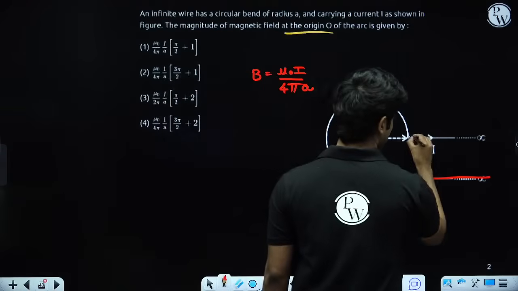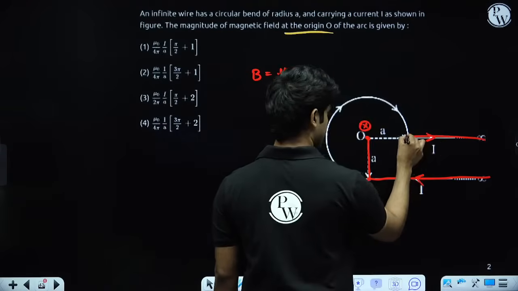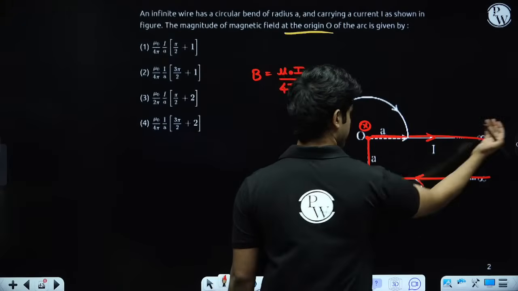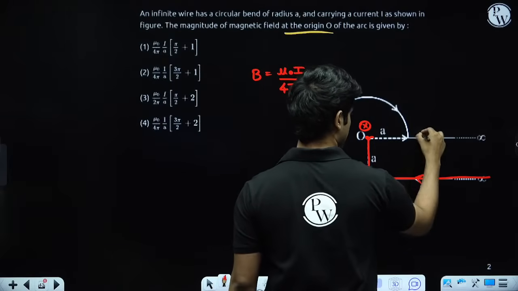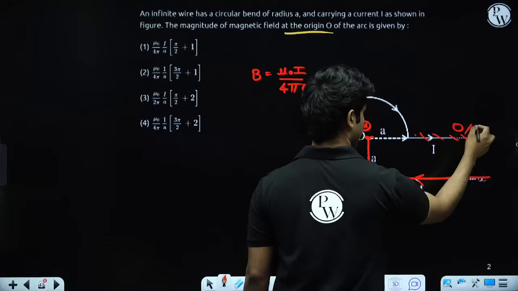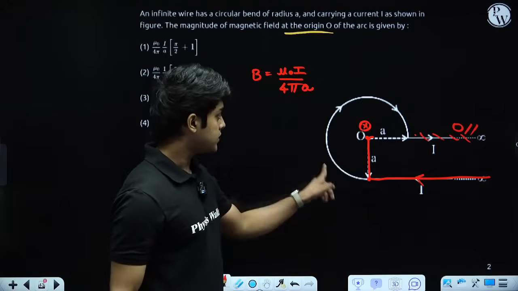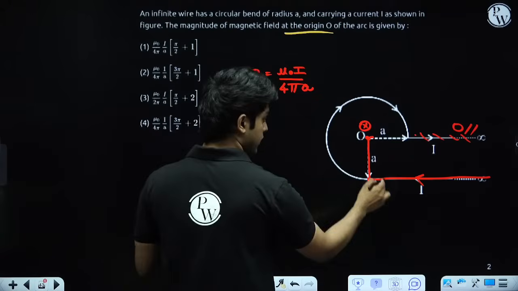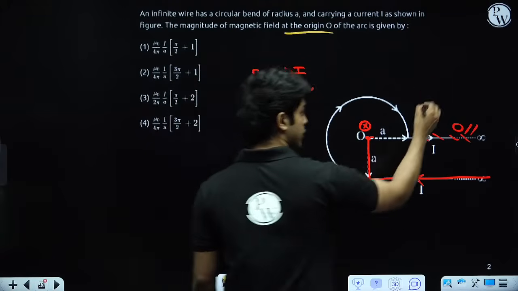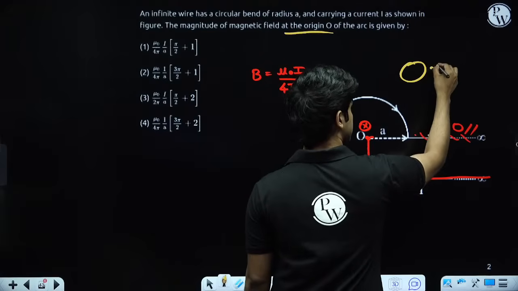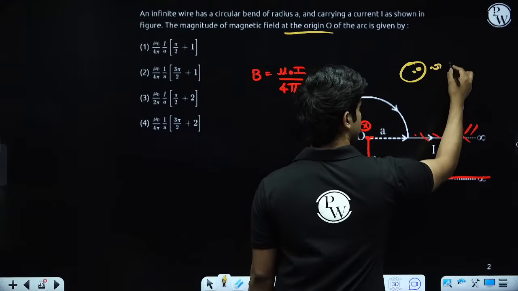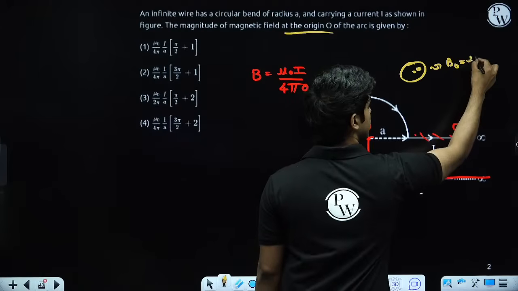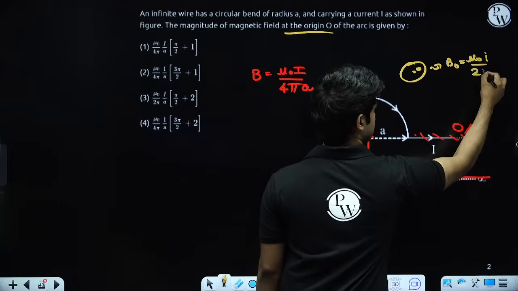Now due to this wire it's going to be 0 because it directly passes through the origin O. Now what is left is the 3/4 circular loop. Due to the complete circular loop at the point O, the magnetic field is mu naught I by 2r.